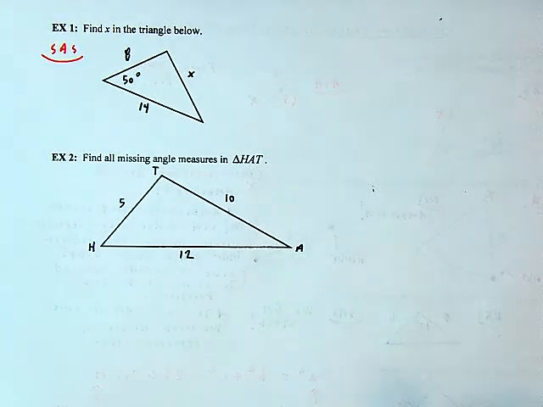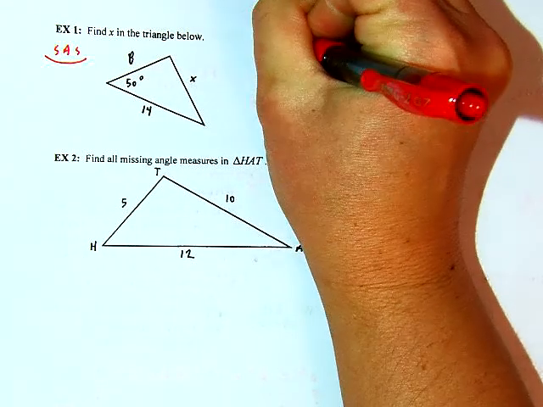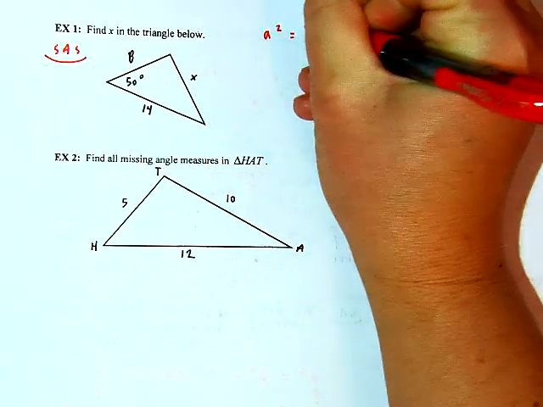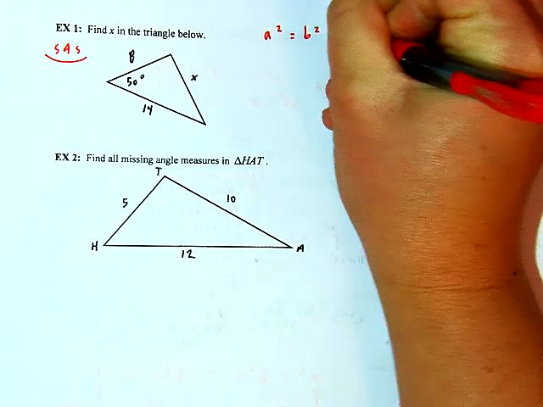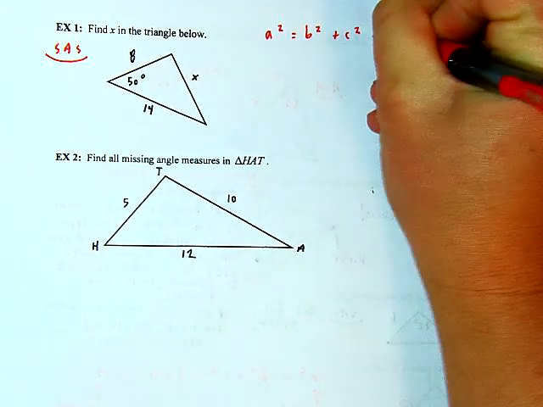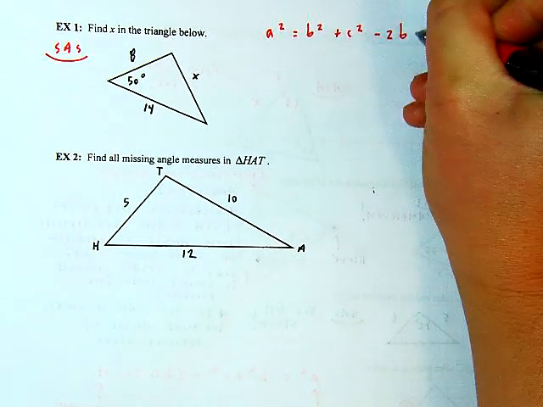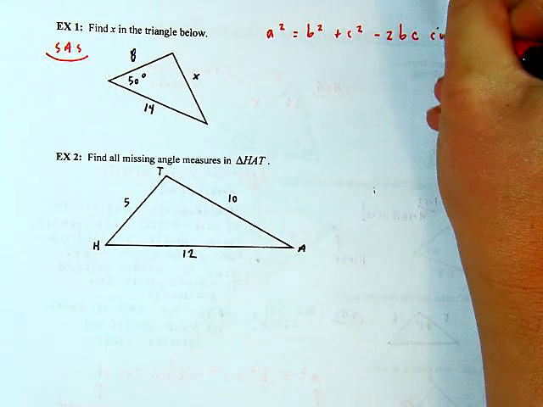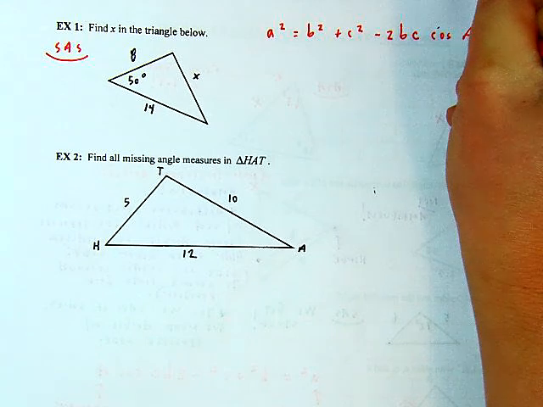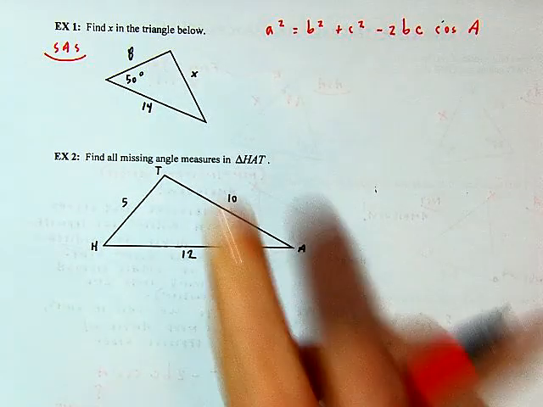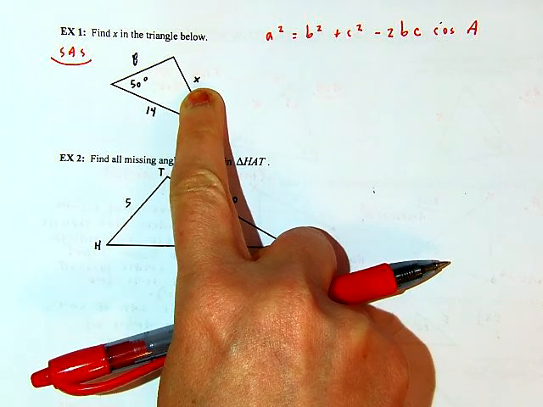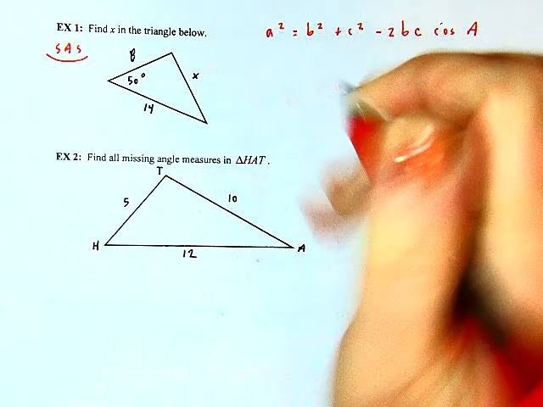Let me lay out my structure. So I know a squared equals b squared plus c squared minus 2 times b times c times cosine a. So I'm solving for x, an unknown side, so that goes in right here.